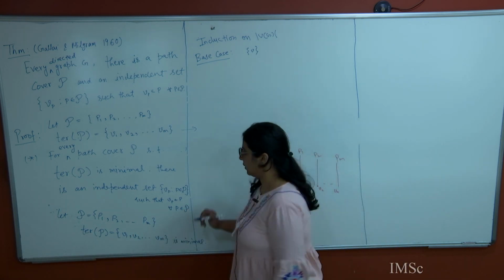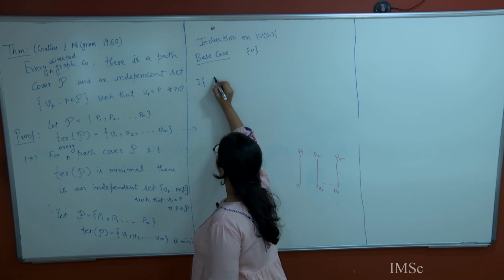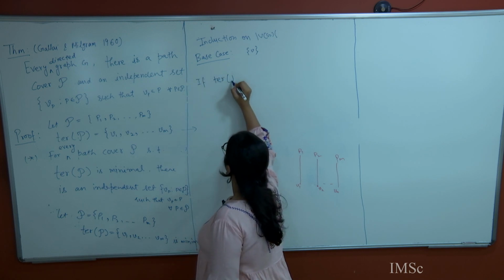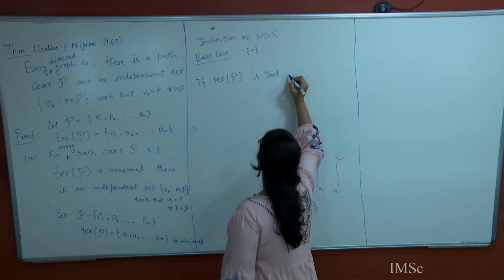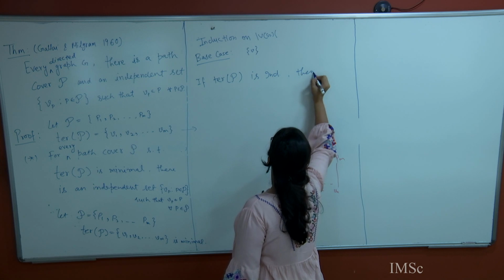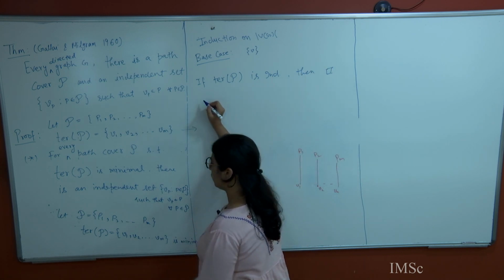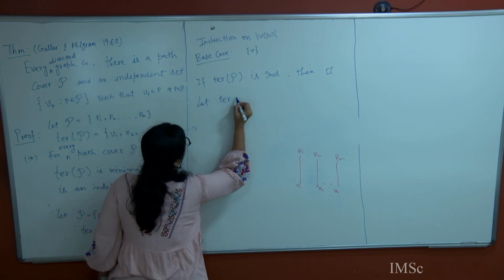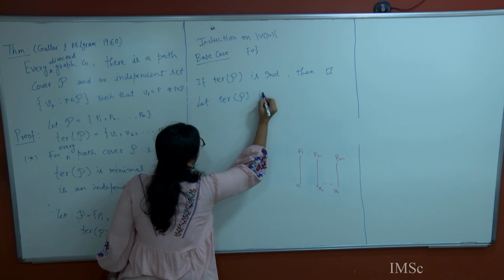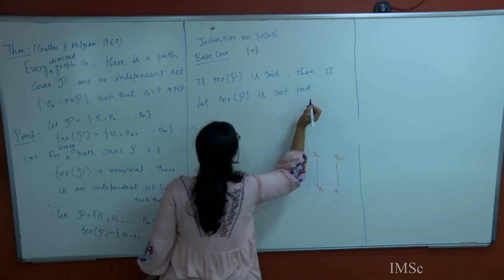We already have the independent set. So if the terminal set is independent, then we are done. Okay, so assume that the terminal set is not independent.